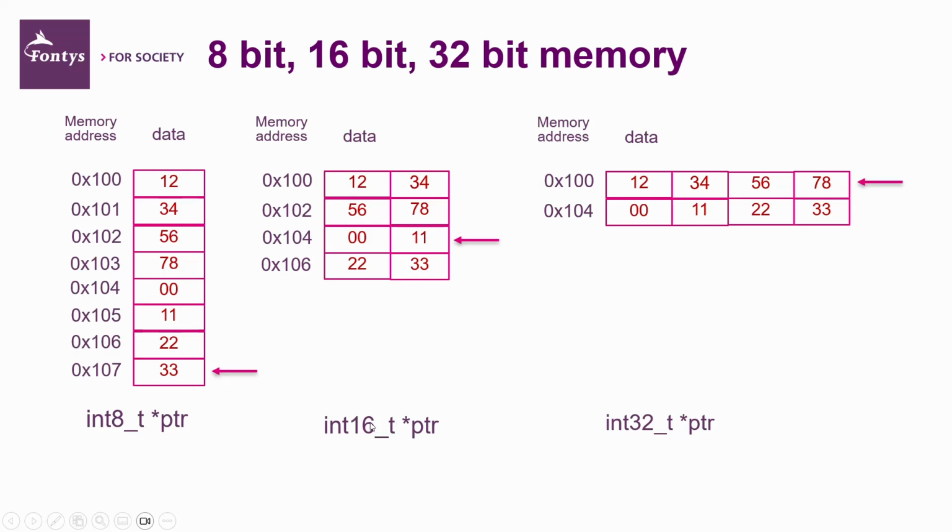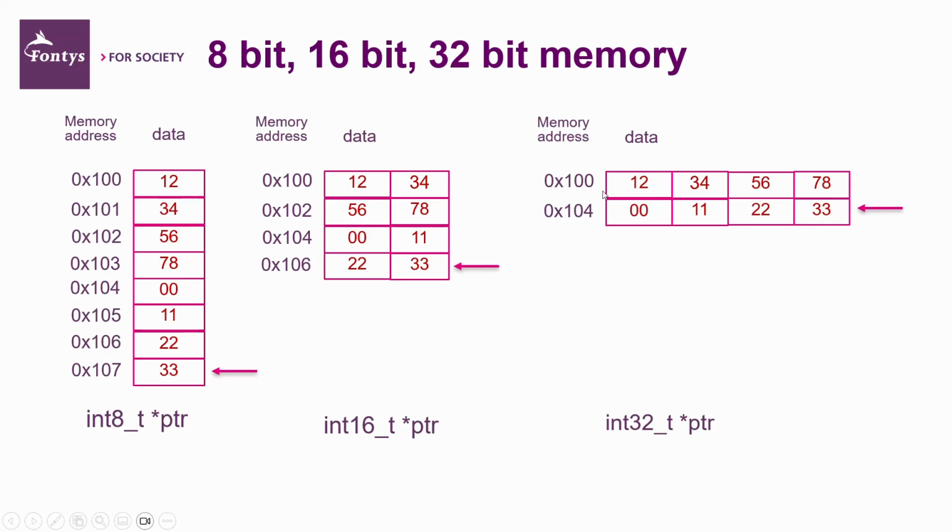If I look at the 16-bit pointer, when it points at 104 and I increment it, it points at 106, because it has to make a step of 16 bits, so 2 bytes. So it should step from here to there. Same for a 32-bit pointer. When it points at 100 and I increment it by 1, it now points to 104, because it's pointing to a 32-bit number.